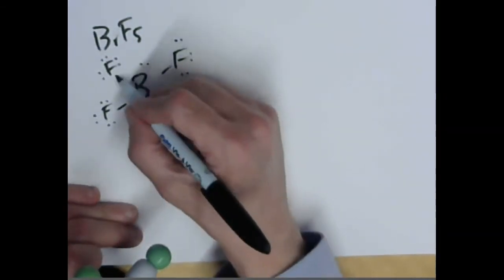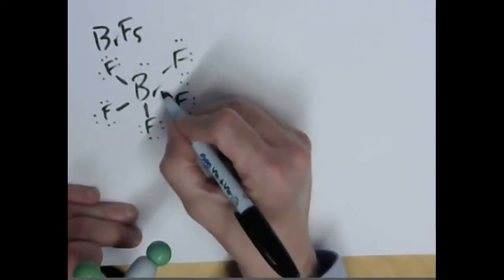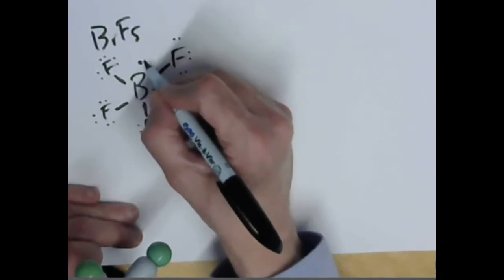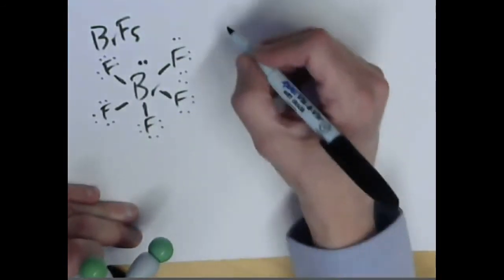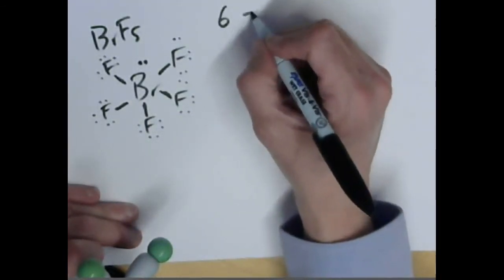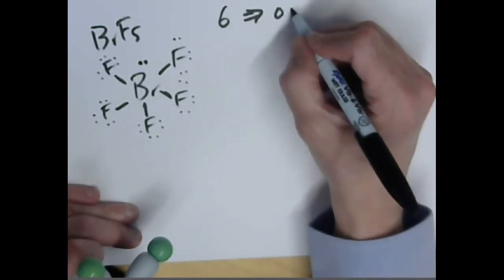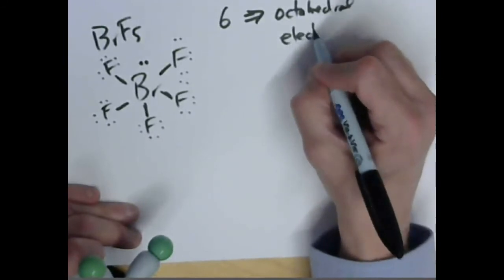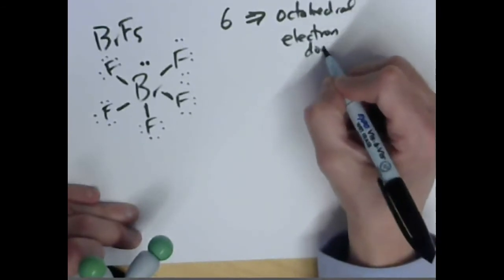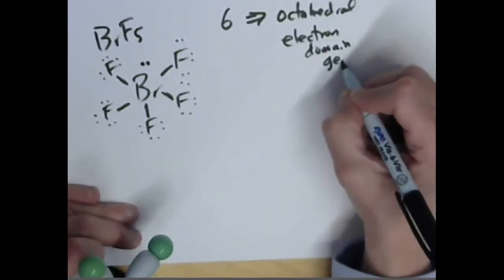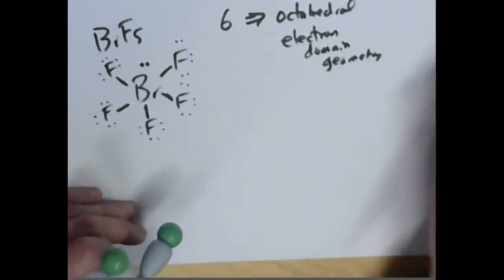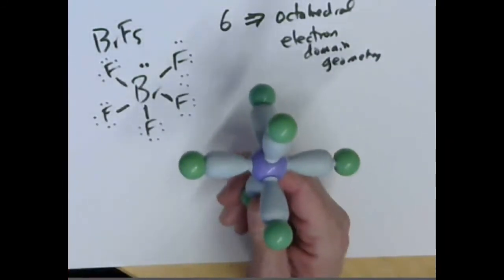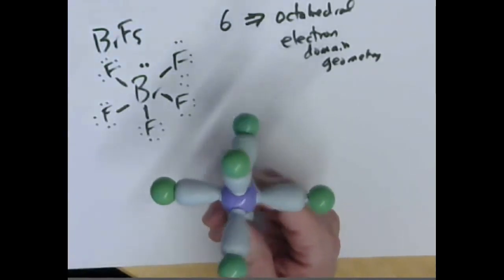So there are 6 domains, because there are 5 single bonds and a non-bonding pair on the bromine. So 6 electron domains means we've got an octahedral electron domain geometry. So the question becomes, where is that non-bonding pair?